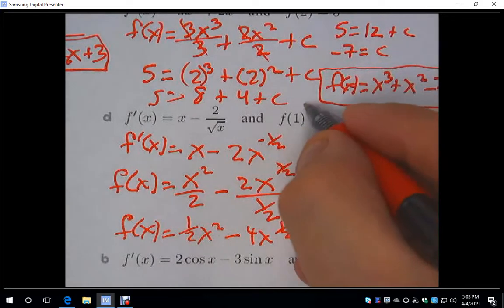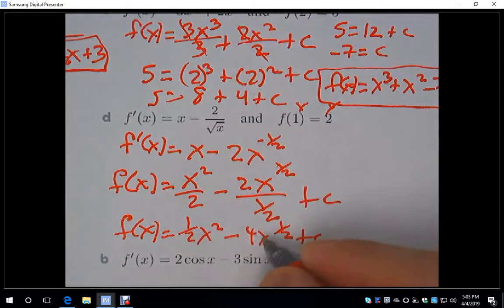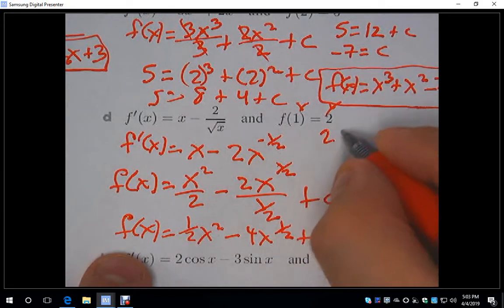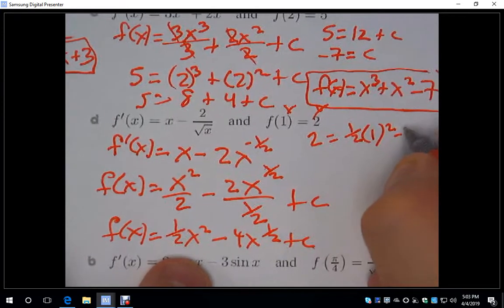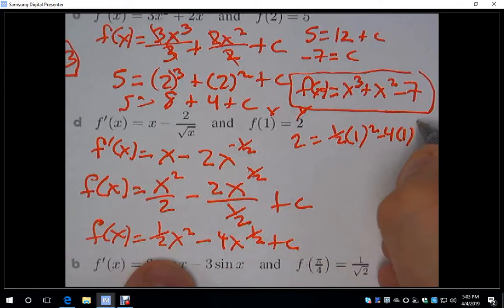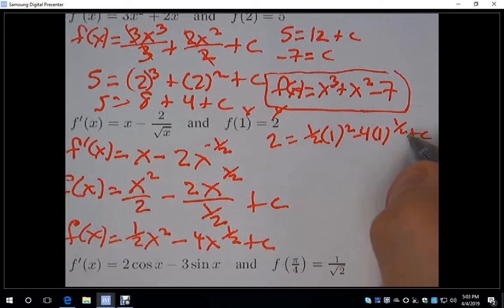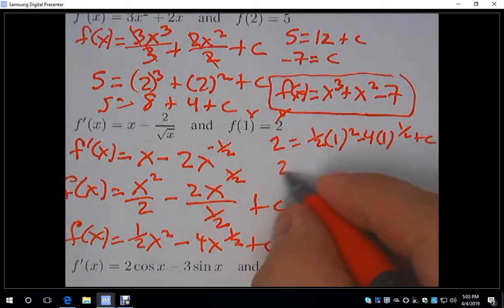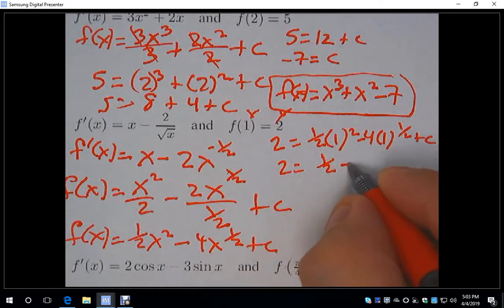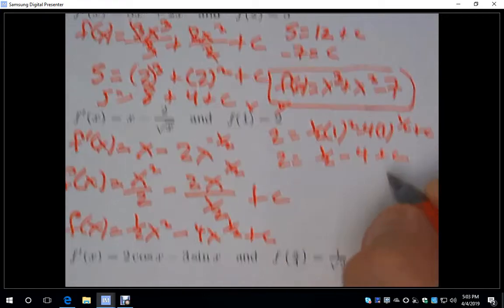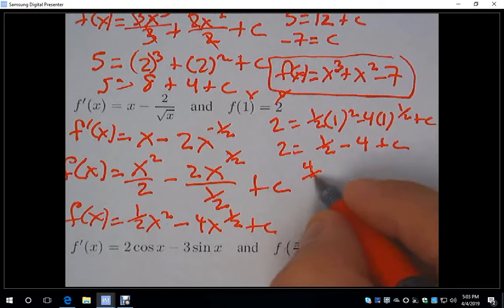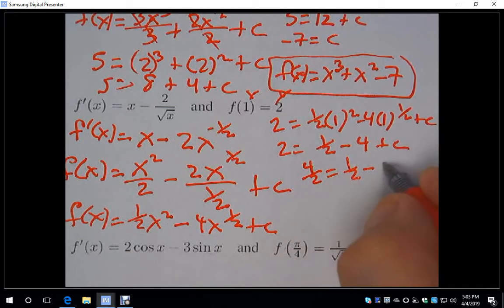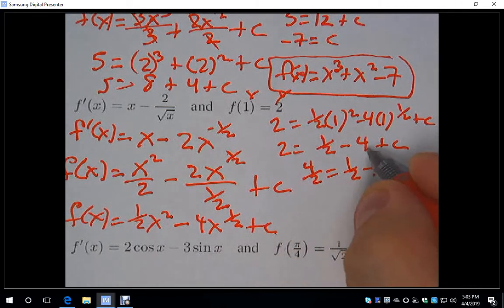Take these values of x and y, plug them in, and so I have 2 equals 1/2. We plug in 1 squared minus 4 times 1 to the power 1/2 plus c. So that's going to give me what? 2 equals 1/2 minus 4 plus c. We have a fraction, so let's make everything a fraction. The 2 becomes 4 halves equals 1/2 minus 8 halves, that's 4, right?